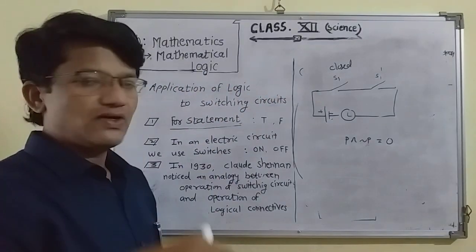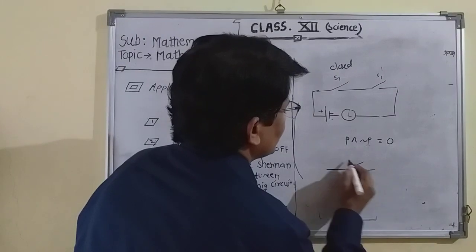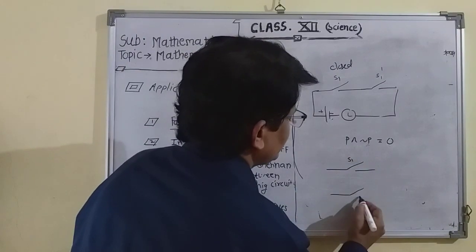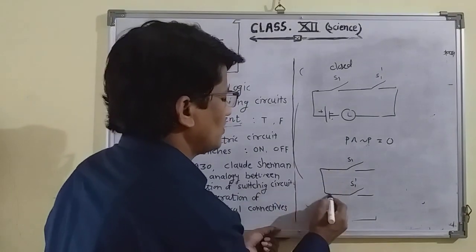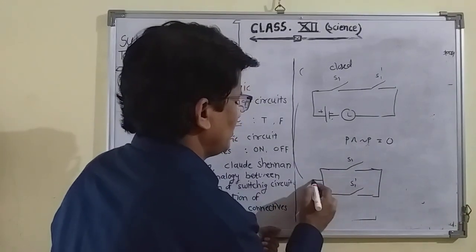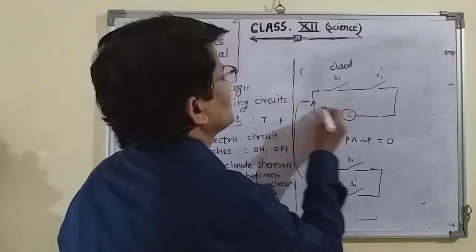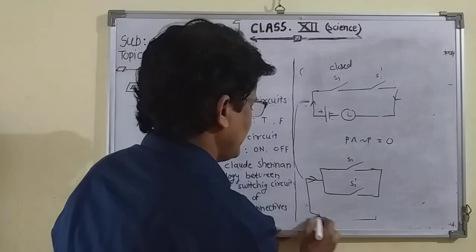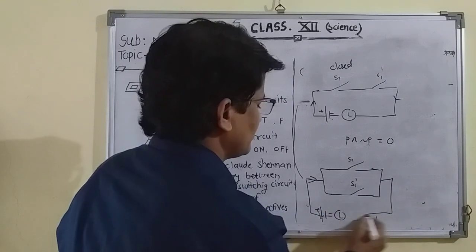And we have seen already for parallel, like this, here S1 and here S1 dash, not S2. See here what will happen here? Current will go like this. Here wire is here, battery, lamp is here.